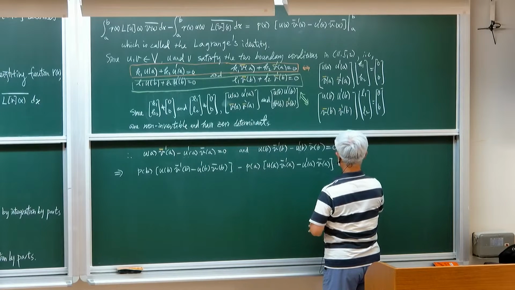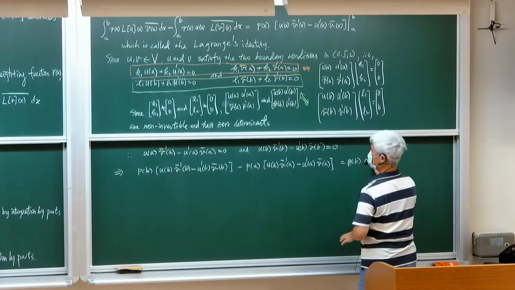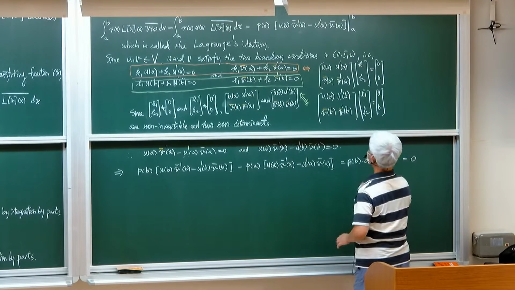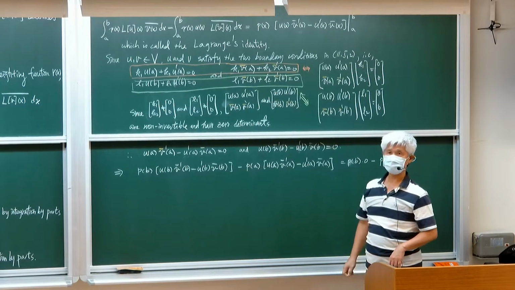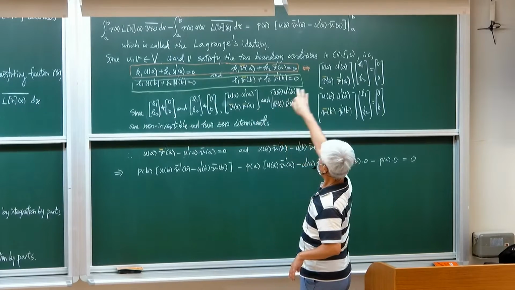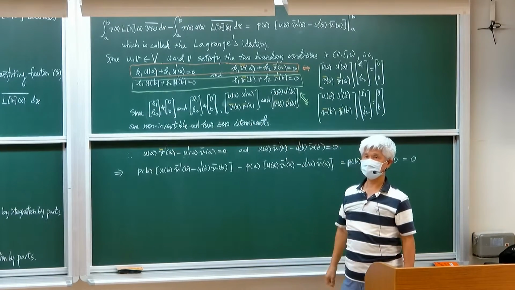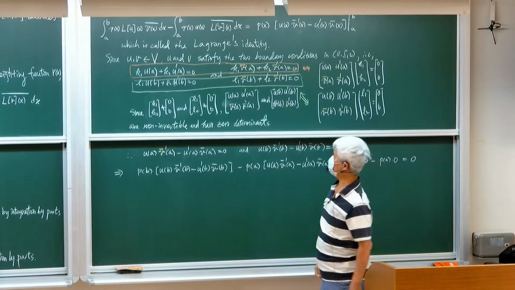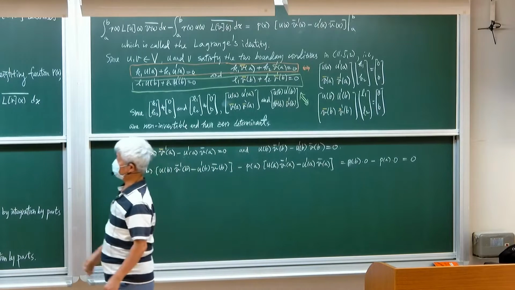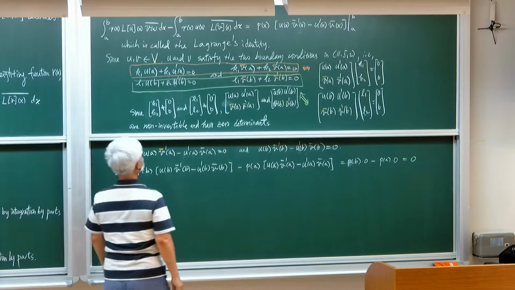So this is P(B) times 0 minus P(A) times 0, so it's 0. So the right-hand side of the Lagrange's identity is 0, because U and V are in capital V and satisfy the boundary conditions.